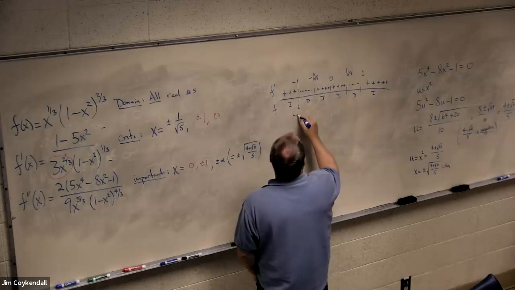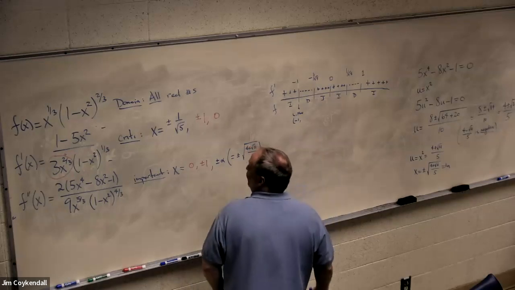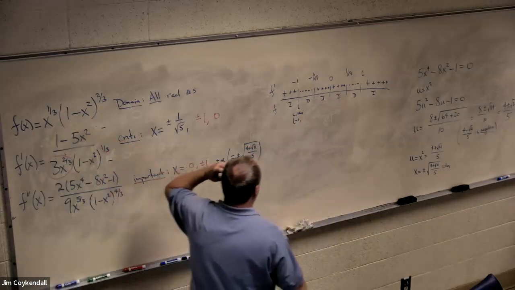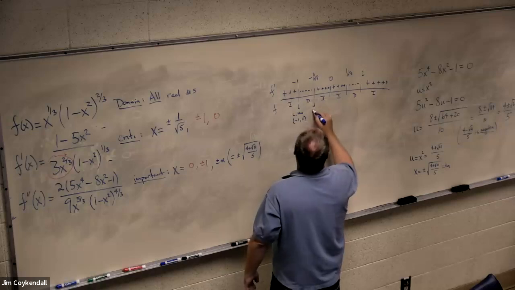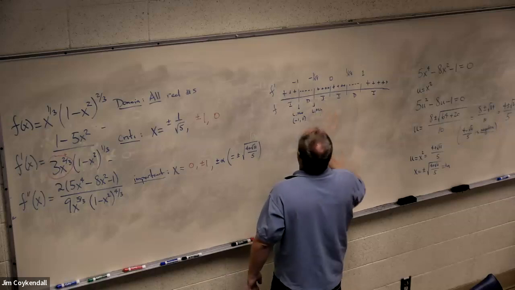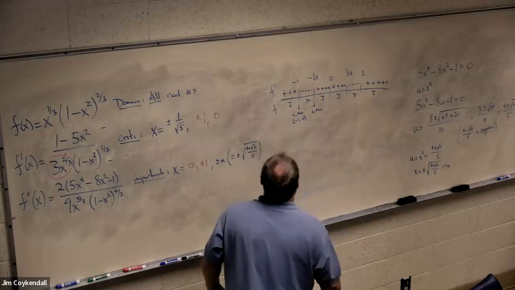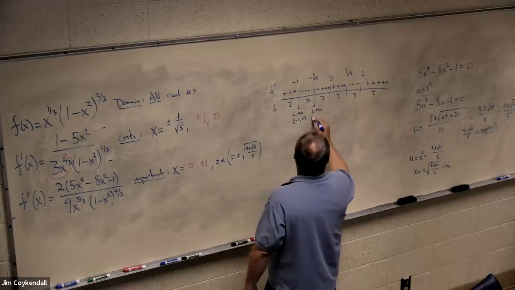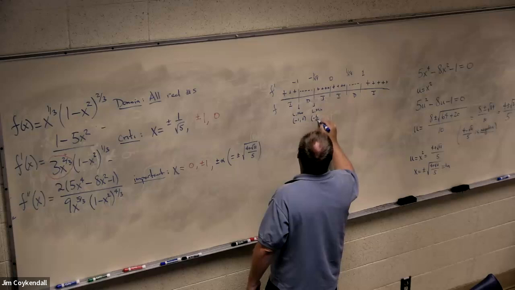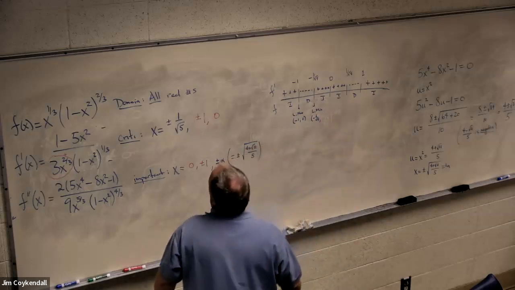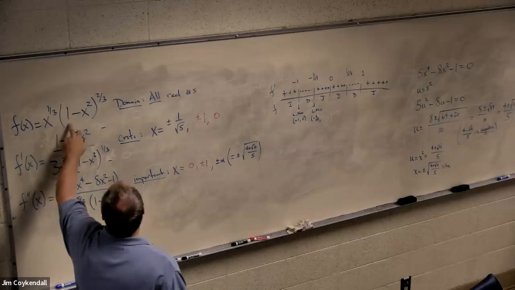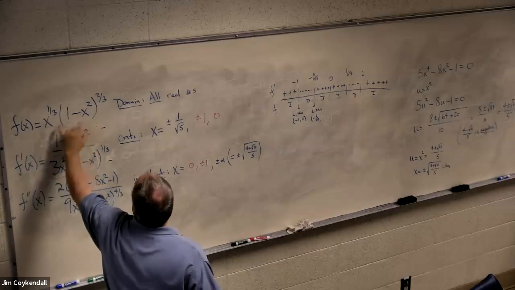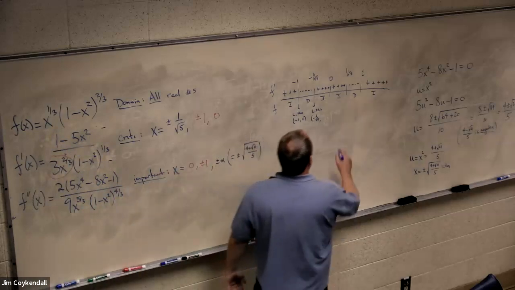This one is a local max at minus 1, whatever I get when I plug in here, 0. This is a local min at minus 1 over 5, and whatever crazy value you give me to put in here. What I can say about that is that's positive, that's negative, so it's negative.